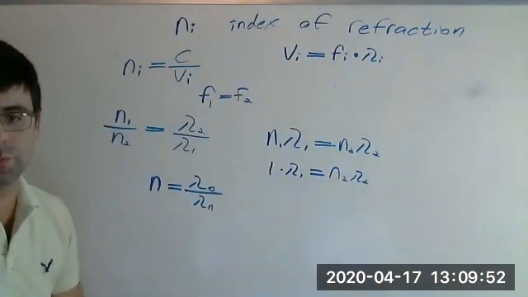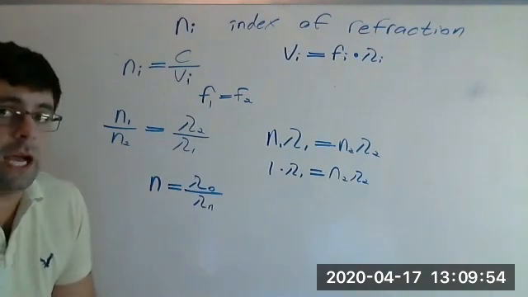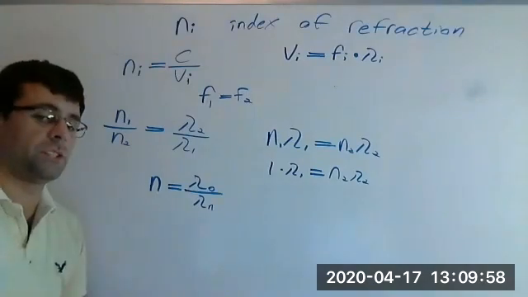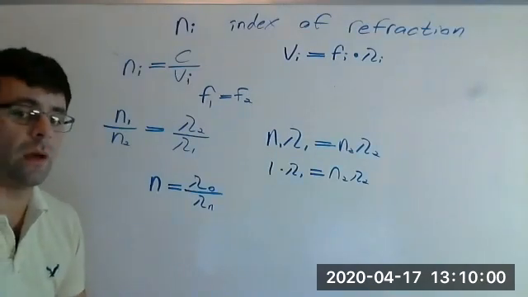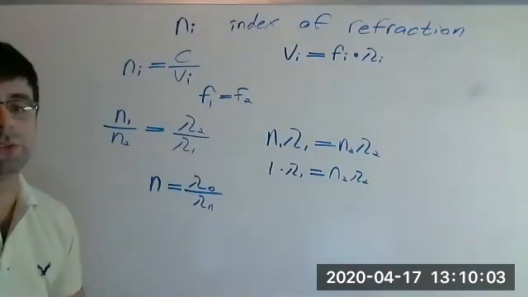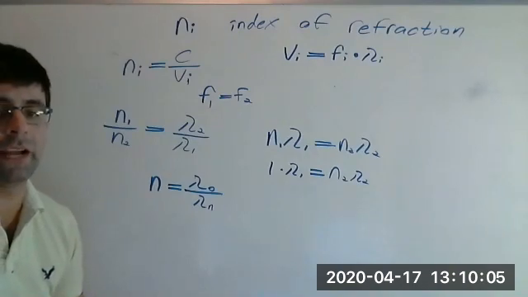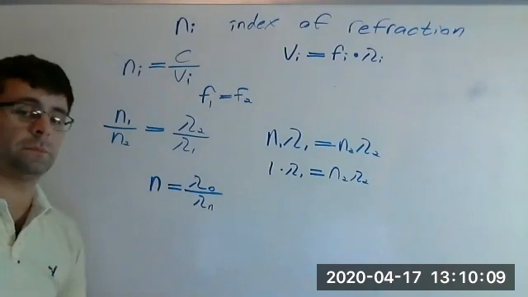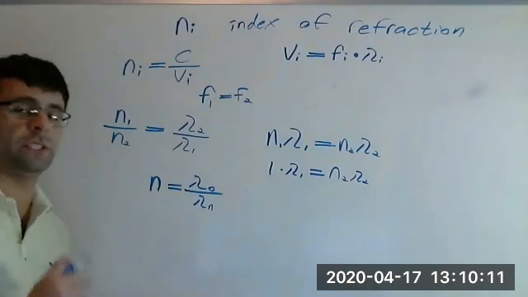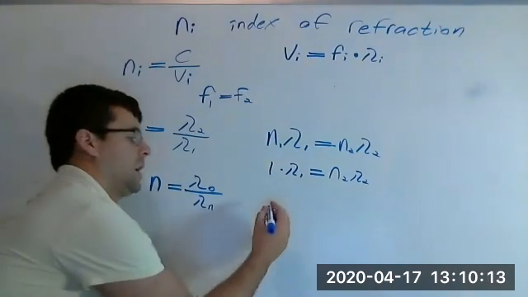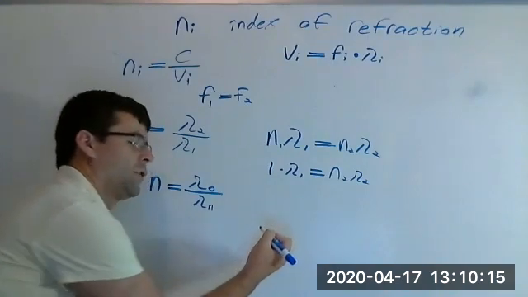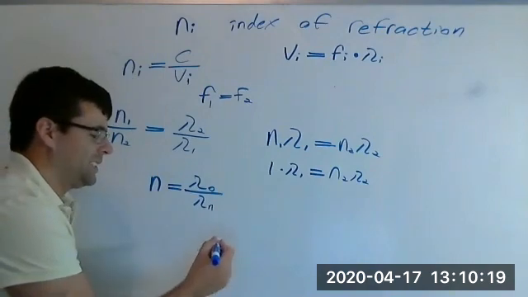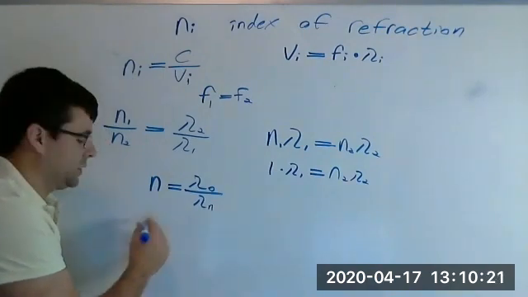So this is how this index of refraction gets defined. Again, it's just the ratio of the wavelength before it goes through the transition and after it goes through the transition. What this brings up is that equation that I threw on the board early on in refraction, which is Snell's law of refraction.